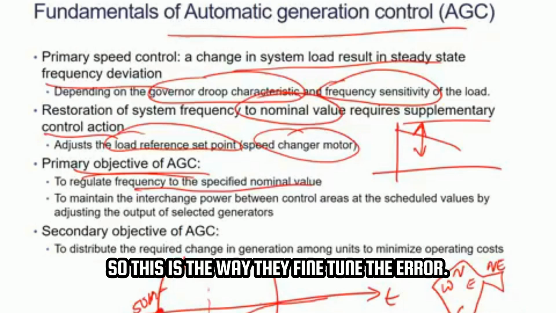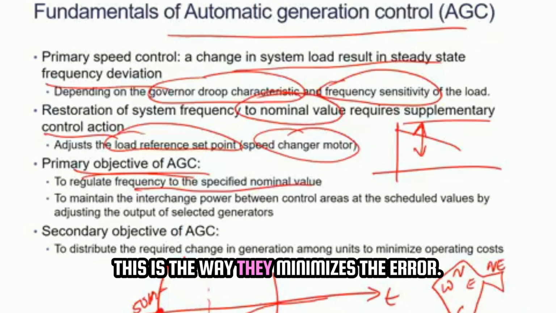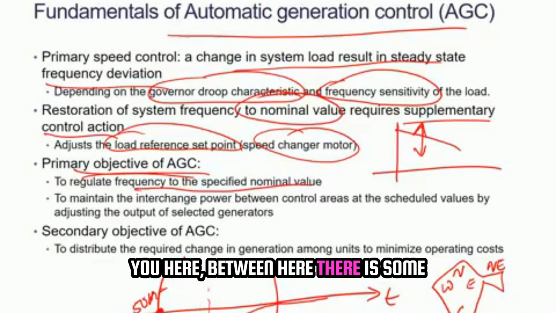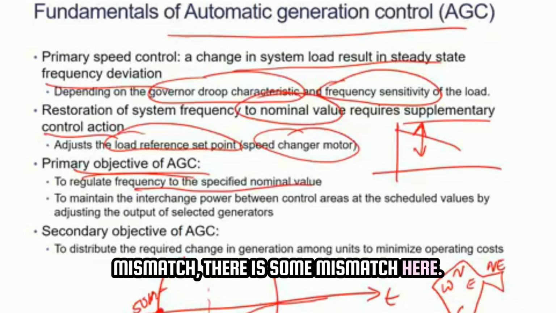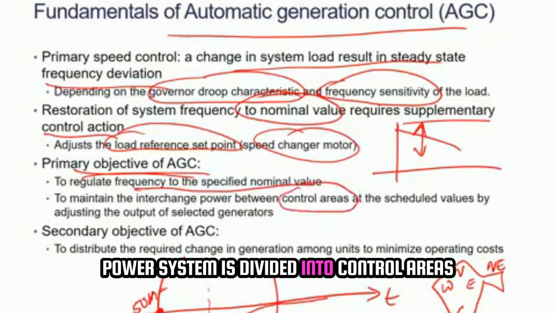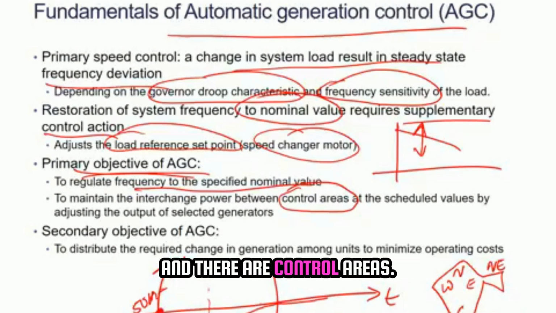This is the way they fine tune and minimize the error. Whatever mismatch I'm telling you, there is some mismatch here and some mismatch there. So this complete power system is divided into control areas.